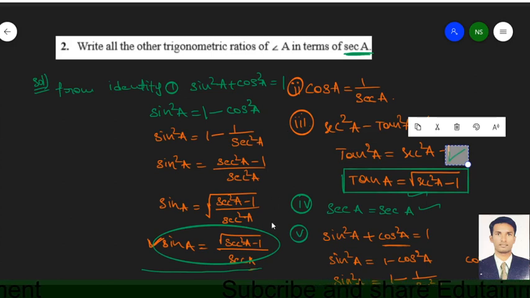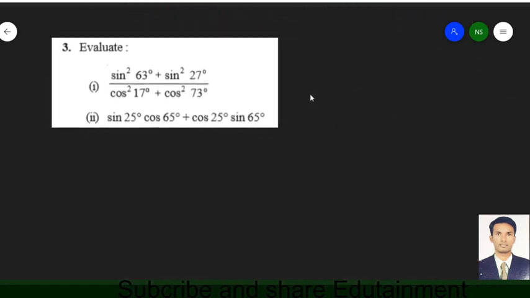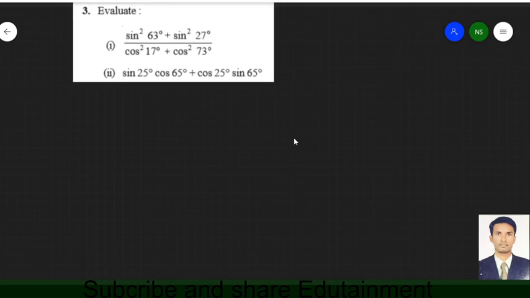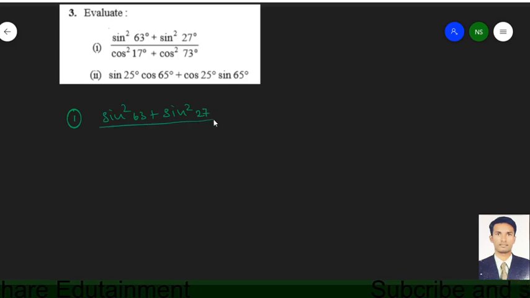Question number 3. Evaluate sine square 63 plus sine square 27 divided by cos square 17 plus cos square 73.